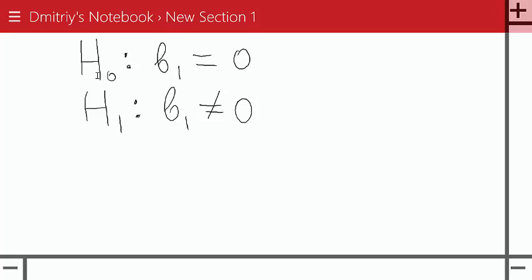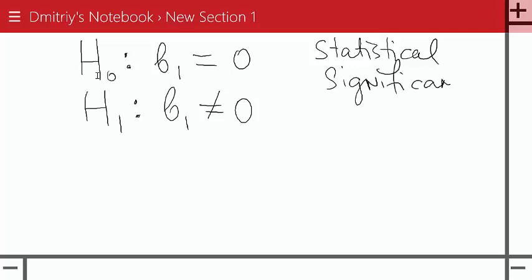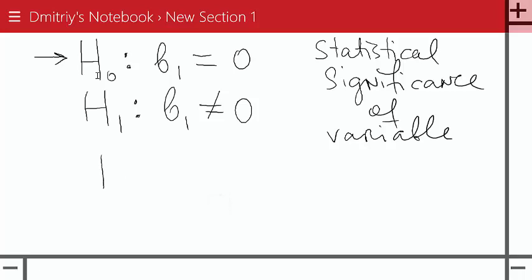So this is a test for statistical significance of a variable. So if I find that my null is true, if I find no evidence to support the alternative, what does that mean? Well, that means that in my equation, this is my equation, right? I'm trying to predict price as a function of mileage.